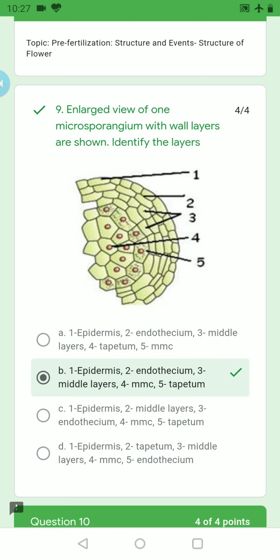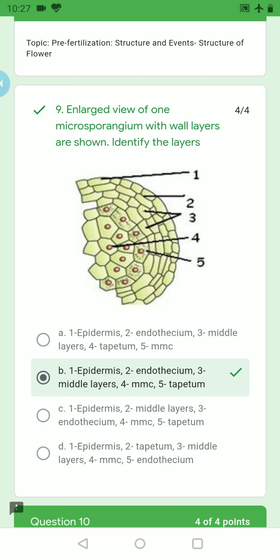See here, the first layer, the outermost layer, is epidermis. The second layer is endothecium. Then we can identify the middle layer. The fourth one they have given as megaspore.